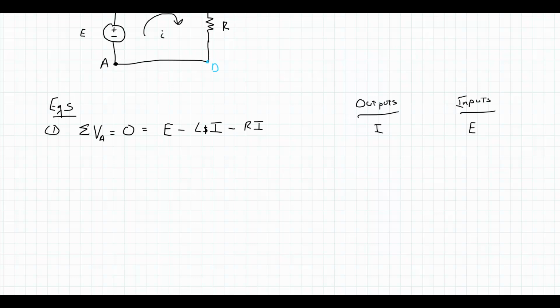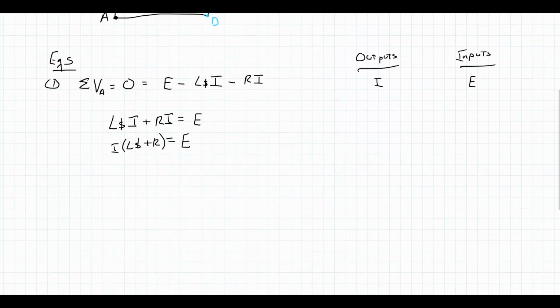So I am going to group my I terms on one side. So I'll move the LSI over: LSI plus RI equals E. And I am then going to factor out I and be left with (LS plus R) times I equals E. And finally, I can make my transfer function.